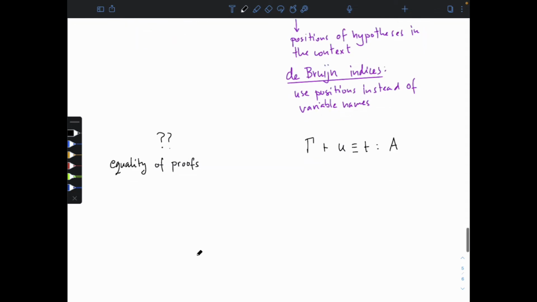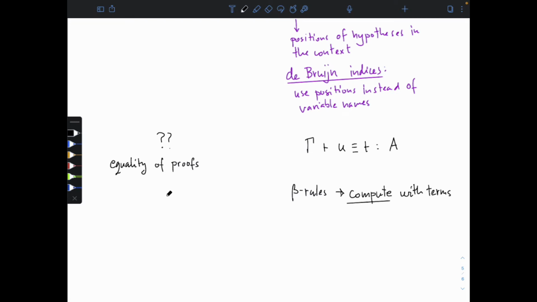There are other things. For instance, here we said, oh, you can take all the beta rules and compute with them. Compute with terms. What's that here on the other side?